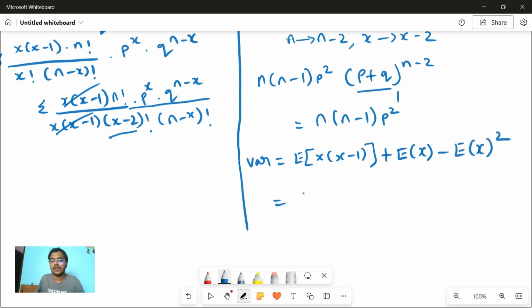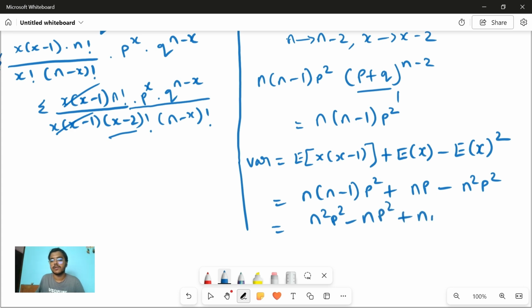So this will be n into n minus 1 into p square plus E of x, which is mu, np, minus E of x the whole square, which is n square p square. Now n square p square minus np square plus np minus n square p square. Just opening the brackets.